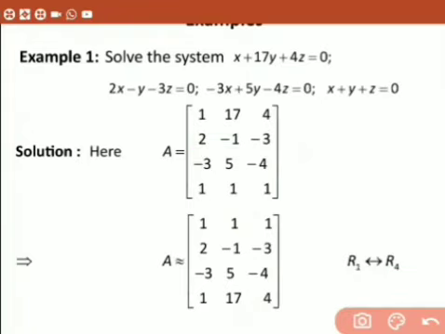It becomes easy here. So first row becomes 1, 1, 1, then the second and third rows are as they are, and the fourth row is 1, 17, 4.